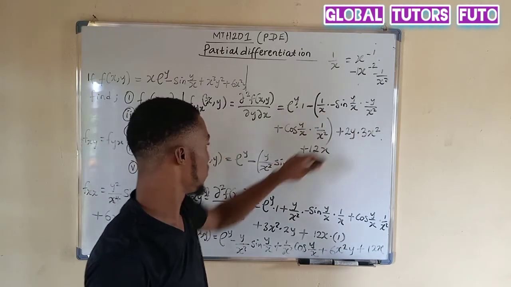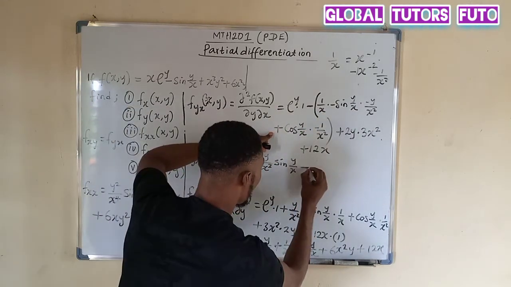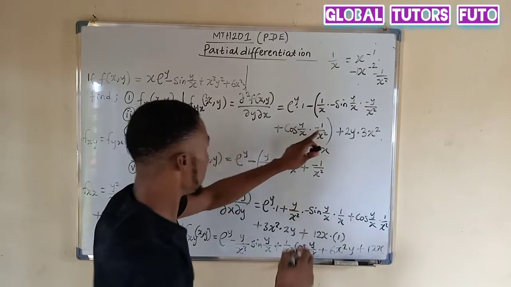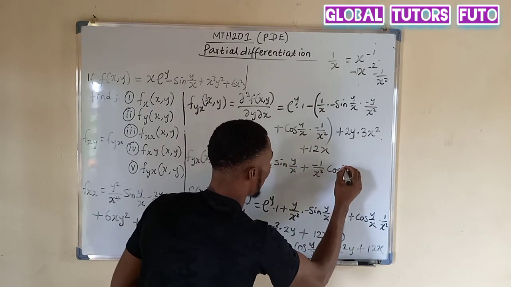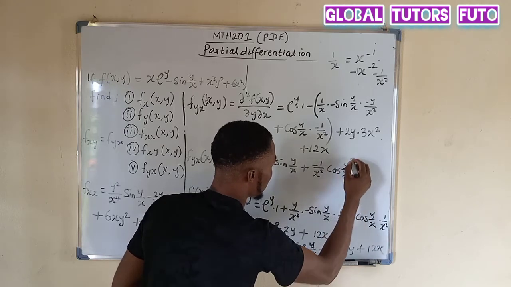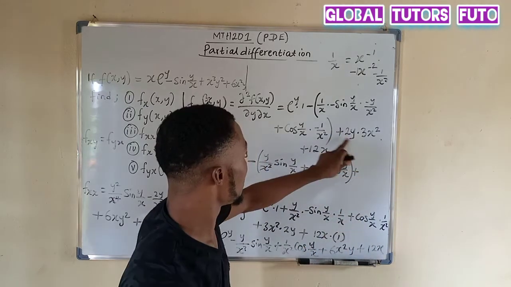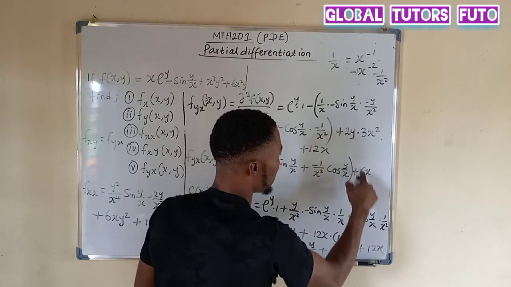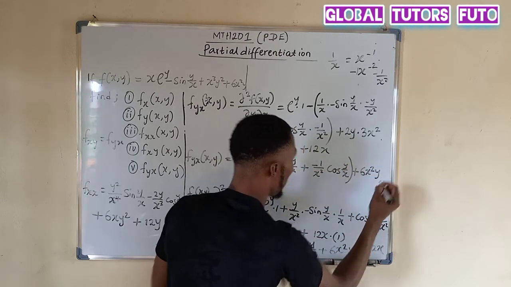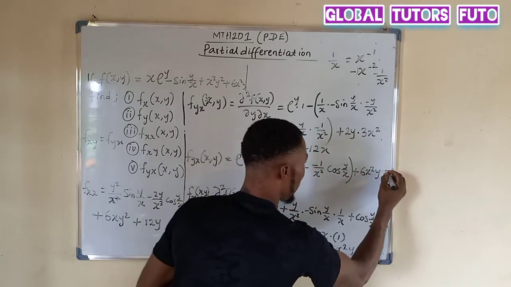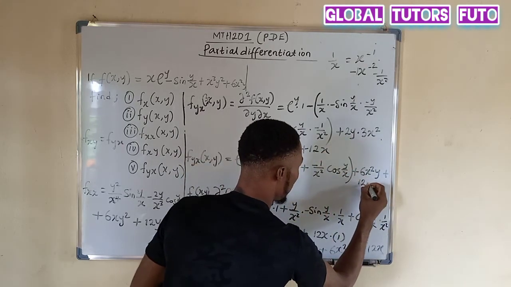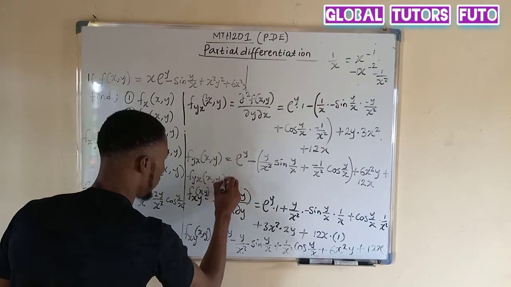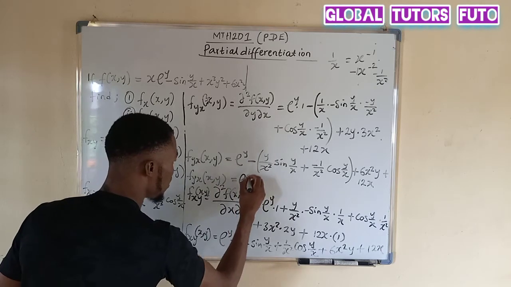This times this will give us minus 1 over x squared cos y over x, plus this times this will give us 6x, 2 times 3 is 6, x squared y, 6x squared y, plus 12x.